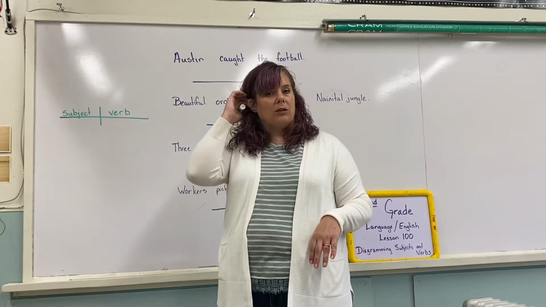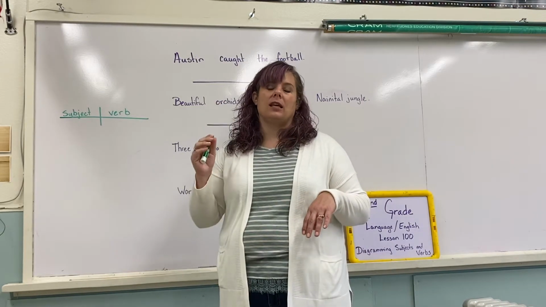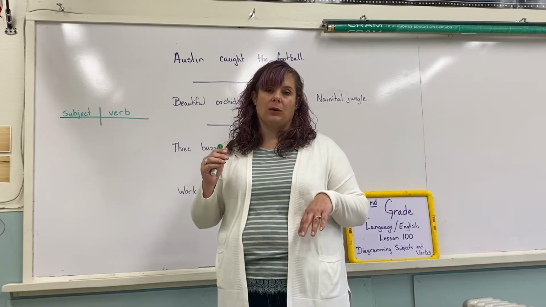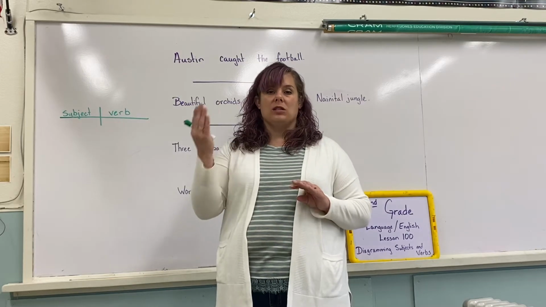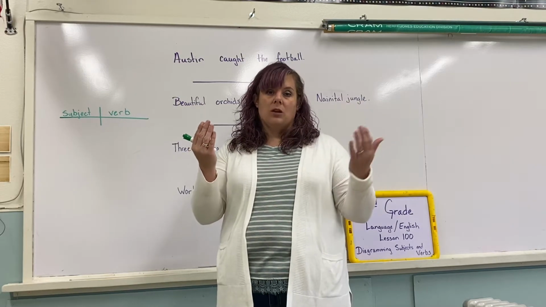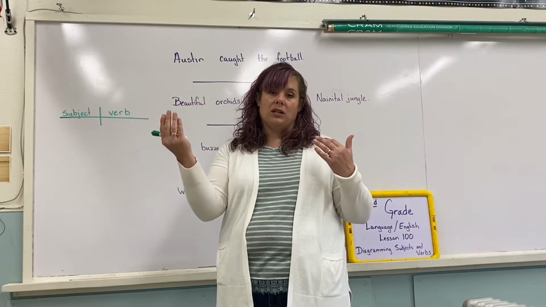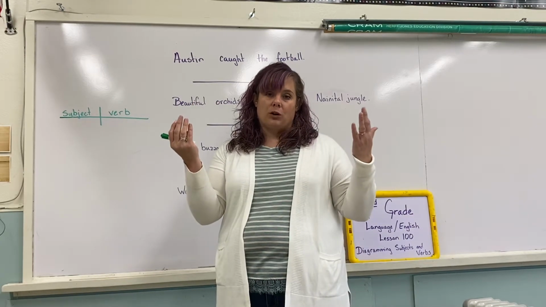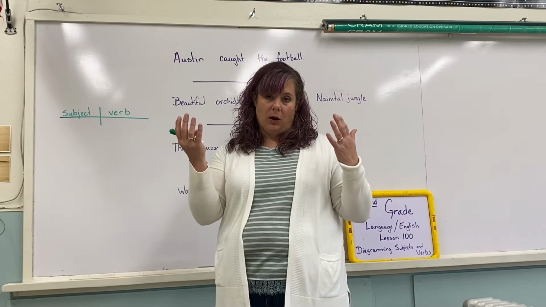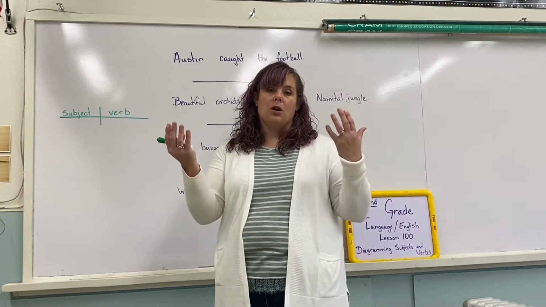And you'll learn more about different parts of speech later in higher grades, but right now we've just been talking about subject and verb. So when you have the two parts, you have a subject in the beginning and you have a verb at the end in the second part, okay? Subject is who, the verb is what.